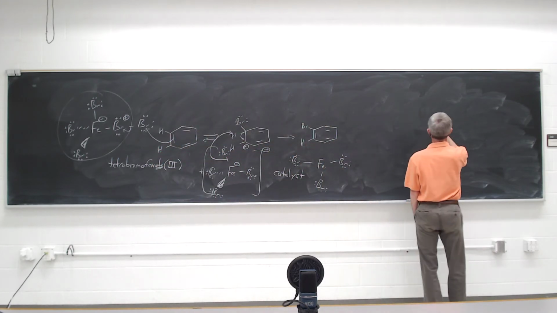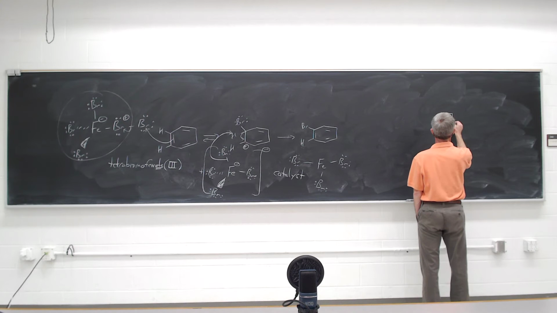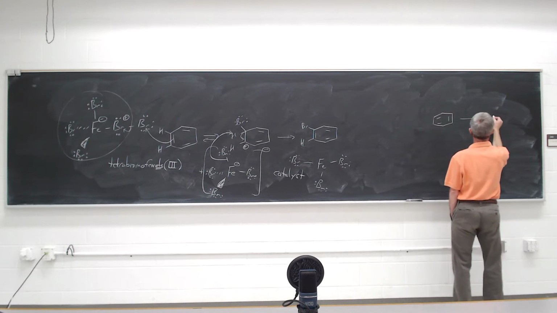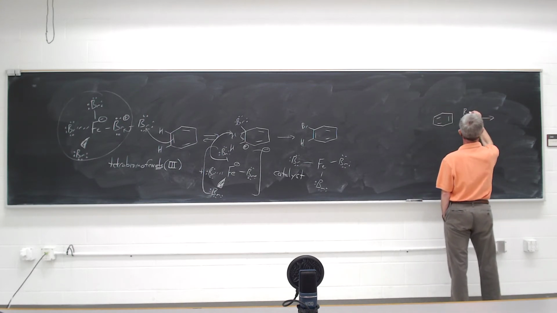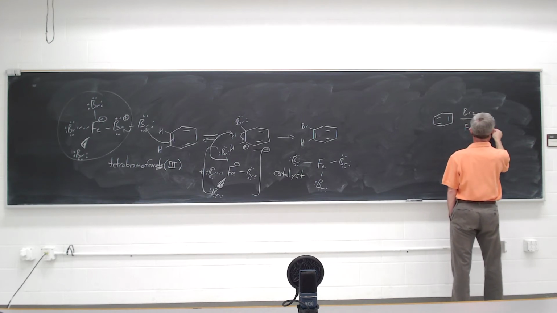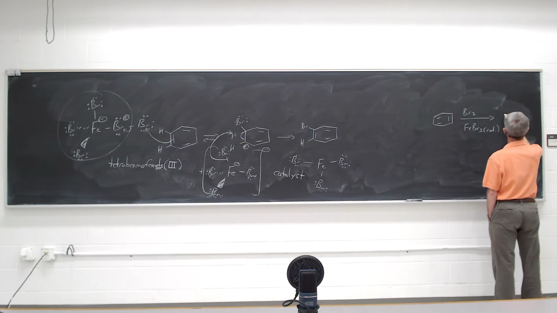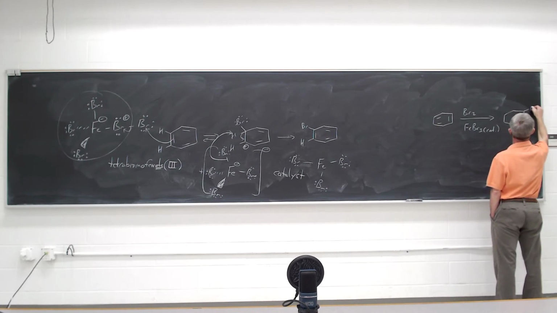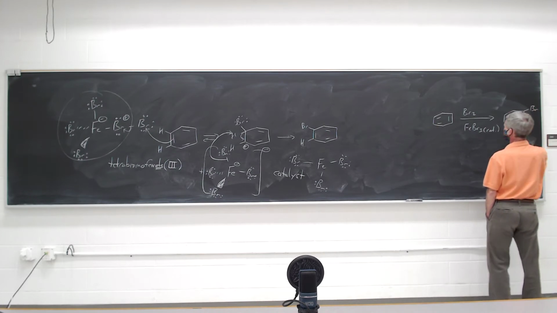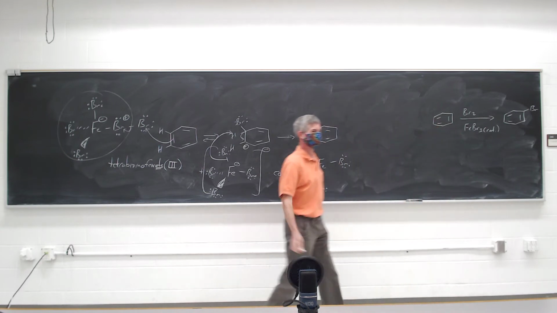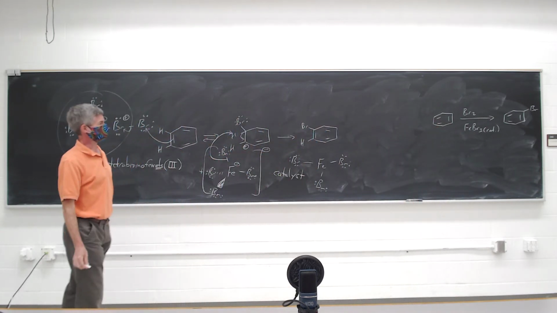So if you're the kind of person who likes to write note cards, you would write it like this. And then you would memorize that reaction: bromine and ferric bromide catalyst.